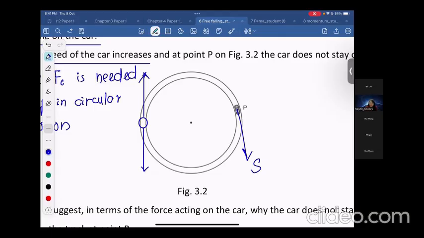But if they already told you the direction of motion, then the only answer is this. When there is not enough centripetal force, it will follow the direction of the circular path. If they didn't tell you, both sides are accepted.